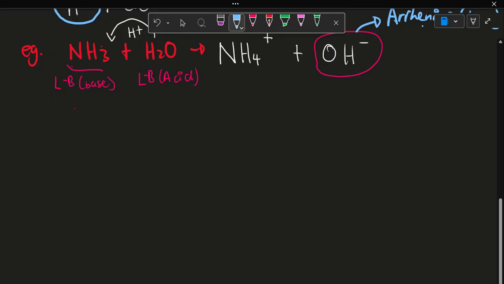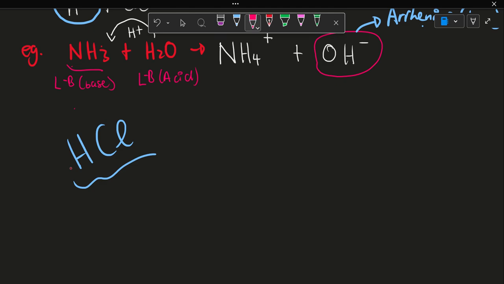Just don't forget, in essence, the number of hydrogen atoms in an acid, a pure acid like HCl, can tell you how many protons can be given away.